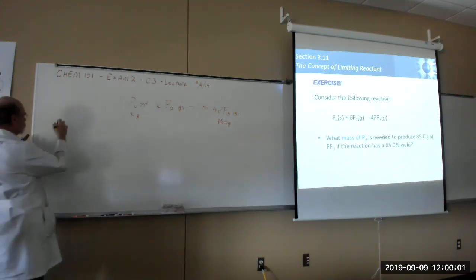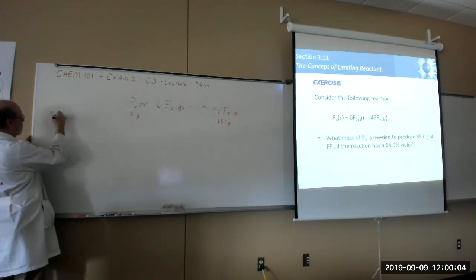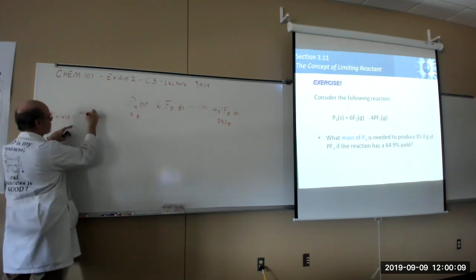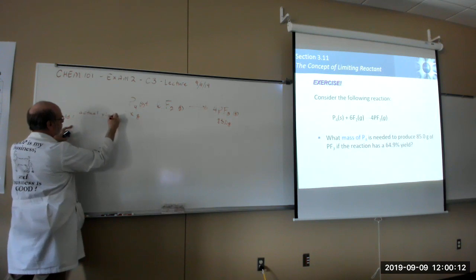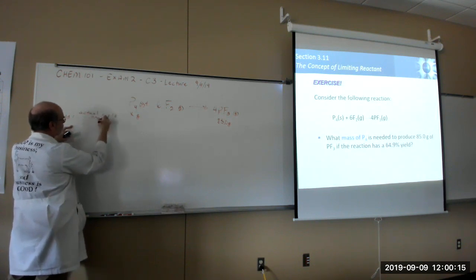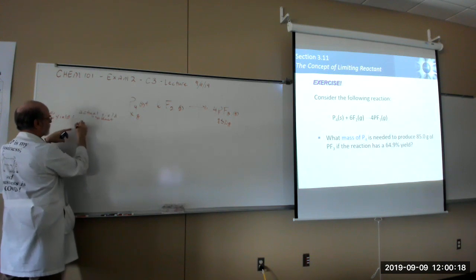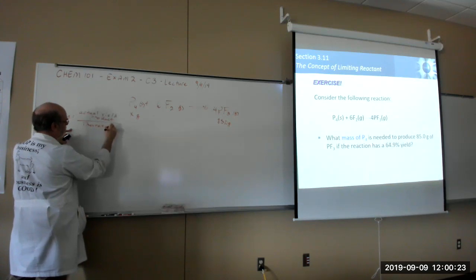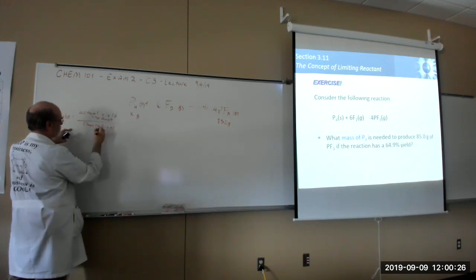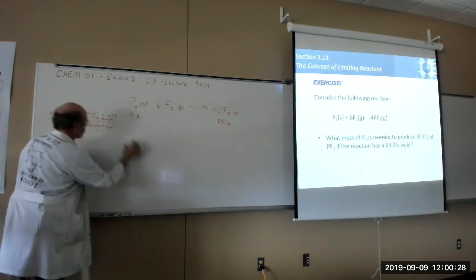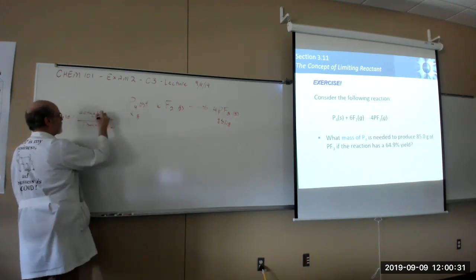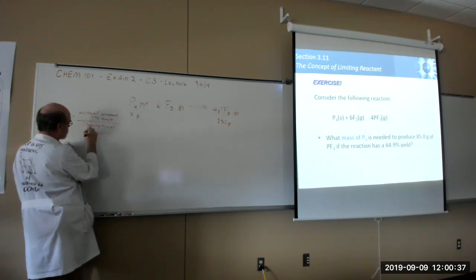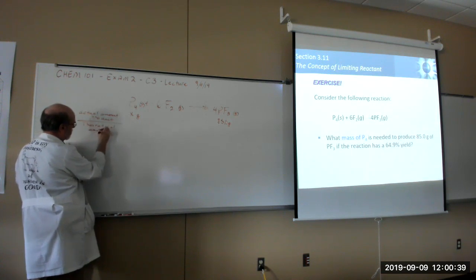Percent yield just means the actual yield of product divided by the theoretical yield. That's too many yields. Actual amount, and that's in mass, divided by the theoretical amount, times 100.